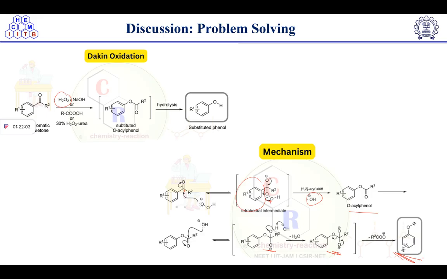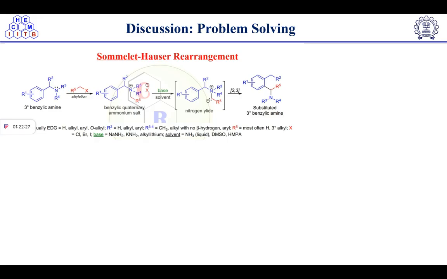Okay, alcohol as a product. So this is called a hydrolysis step. Substituted phenol. So first the reaction is giving the Baeyer-Villiger type product, then further hydrolysis will result in the formation of substituted phenol. Okay.